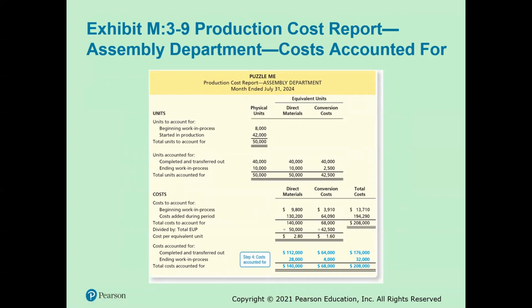Here you see the completed production cost report for the assembly department, month ended July 31st, 2024. Section for the units, the equivalent units. And here you see the costs. You have your direct materials, conversion costs for both.